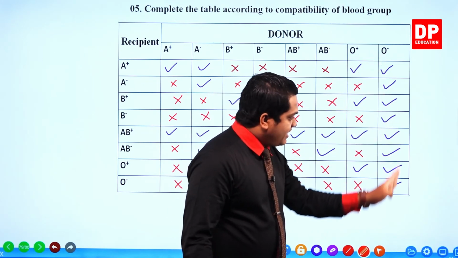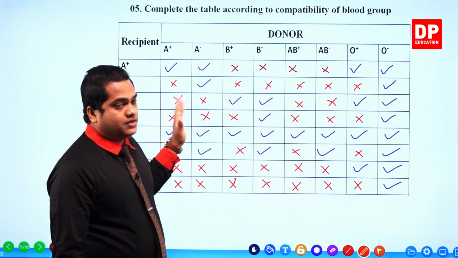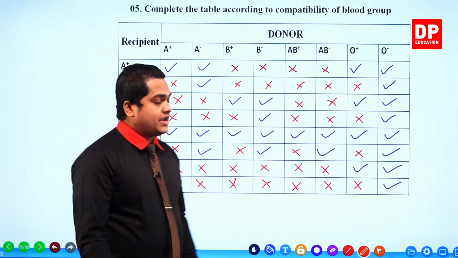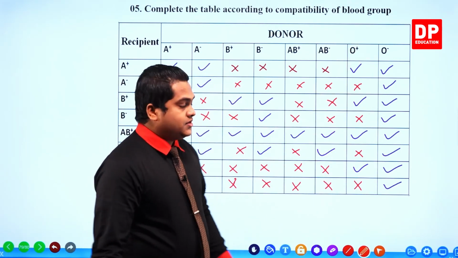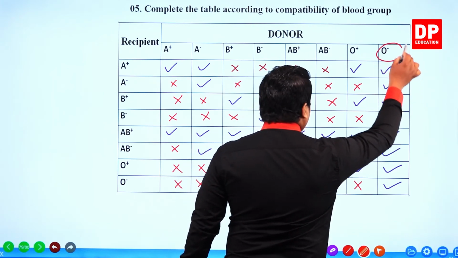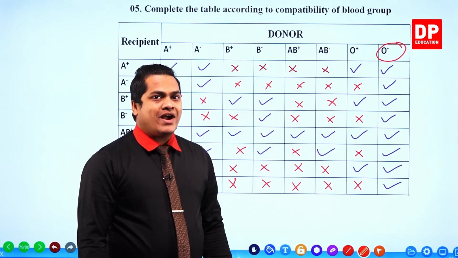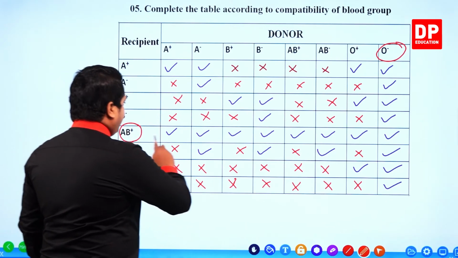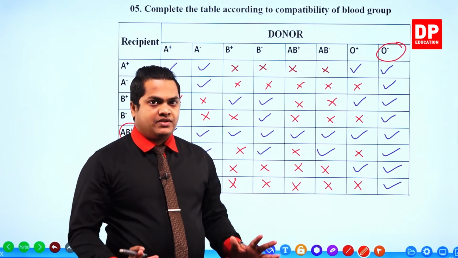O minus can give blood to any of these people. A plus, A minus, B plus and all the other people can receive blood from O minus. So the O minus group is called the universal donor, while AB plus is referred to as the universal recipient. He can receive blood from any person in the world.